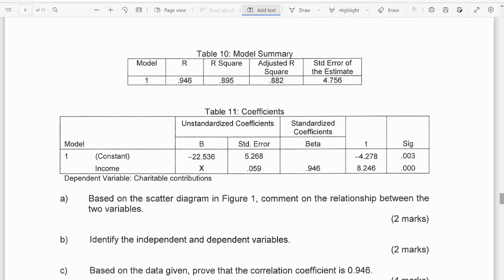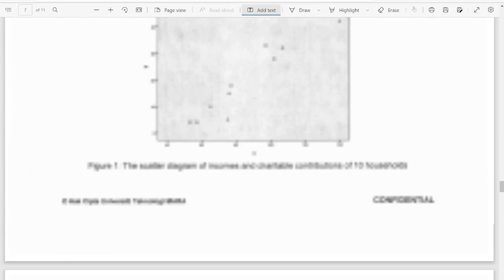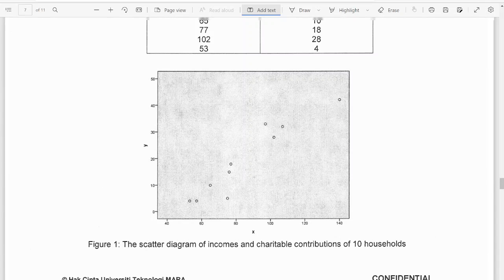The first question asks you, based on the scatter diagram in figure 1, comment on the relationship between the two variables. So when you look into the scatter diagram here, you have to comment. In general, you can just see whether there exists an increasing or decreasing relationship. So kat sini kita boleh tengok sama ada dia increase ataupun decrease.